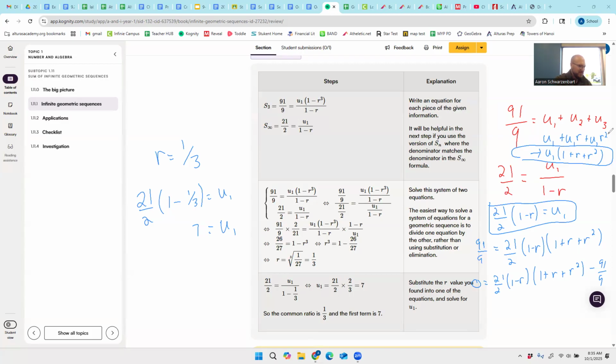No, that actually made sense. The thing I wouldn't have done was factoring out the U1, and that probably would have made things worse. Yeah, it definitely made things better to do it. I don't know if I would have even gotten this far.